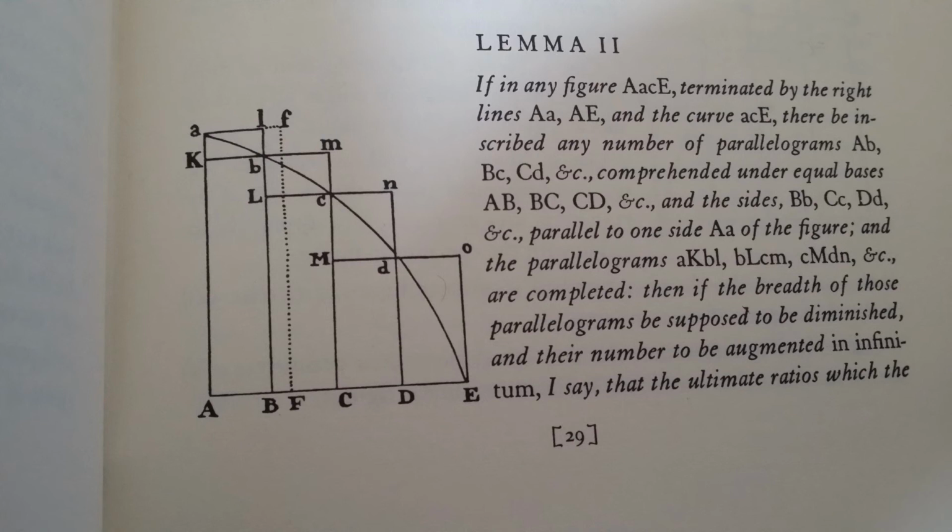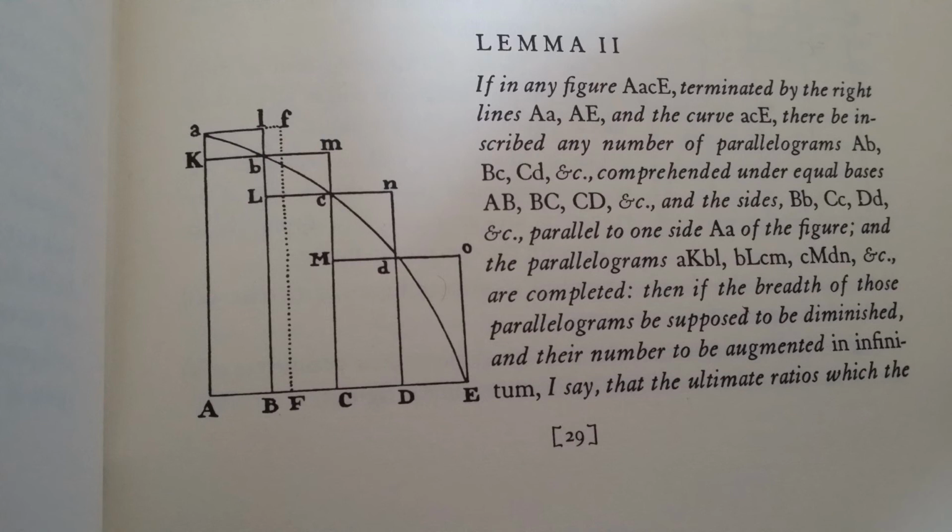But this rectangle, because its breadth AB is supposed diminished in infinitum, becomes less than any given space. Sorry, it's a very strange long sentence to read. And therefore, by Lemma 1, the figures inscribed and circumscribed become ultimately equal one to the other, and much more will the intermediate curvilinear figure.